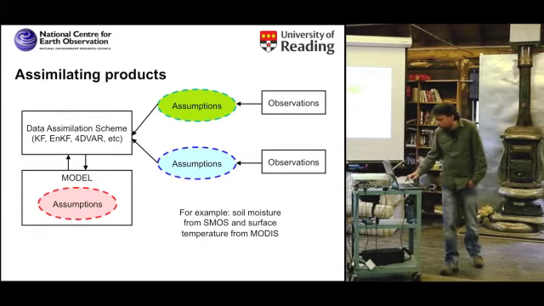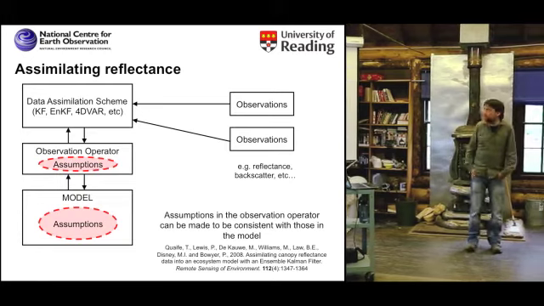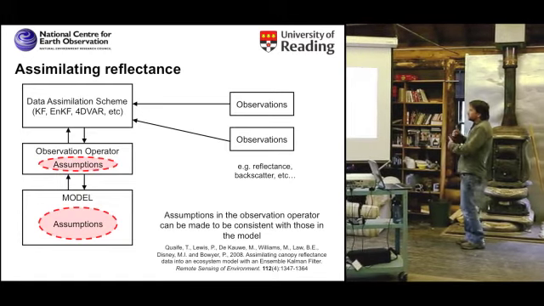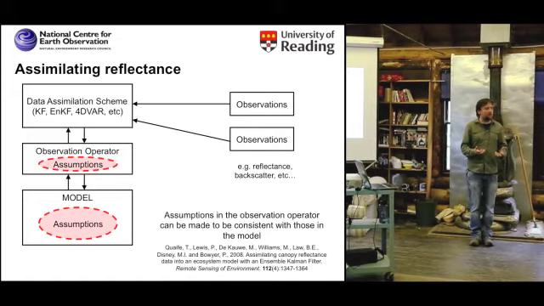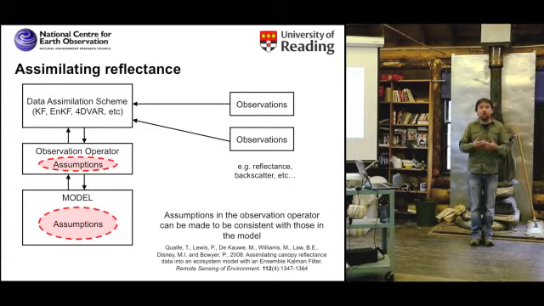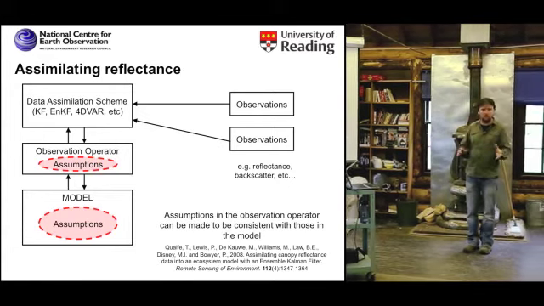So I argued we shouldn't take those products and assimilate them. But the flip side of that is we need to make our model predict our observations. That model and all other ecosystem models, like I was explaining at the beginning of this lecture, are not capable of predicting those basic satellite observations of canopy-leaving reflectance for a whole number of reasons.